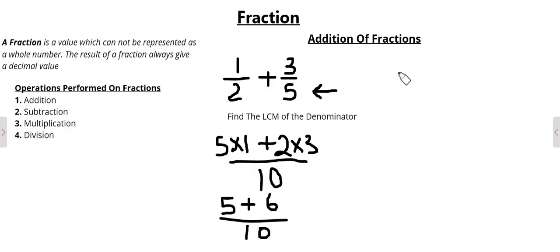Now 5 plus 6 is going to give you 11 all over 10. So this becomes the answer of our example, which is 1 over 2 plus 3 over 5. The answer is 11 all over 10.